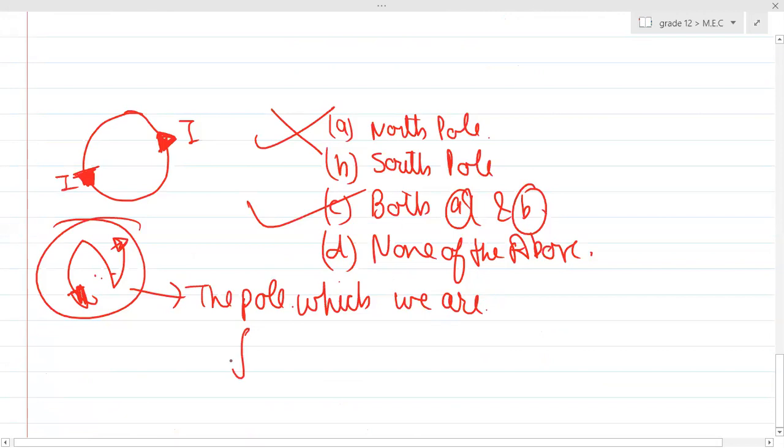It depends on which side you're seeing from. When we use the clock rule, I told you about the clock rule, right?